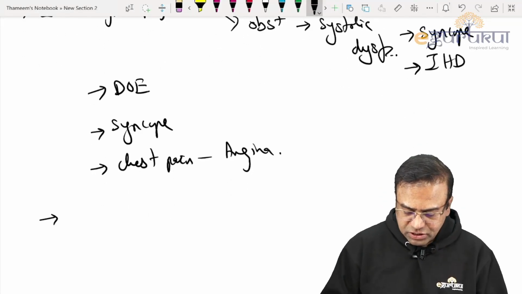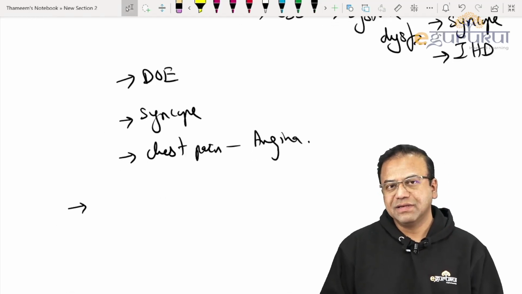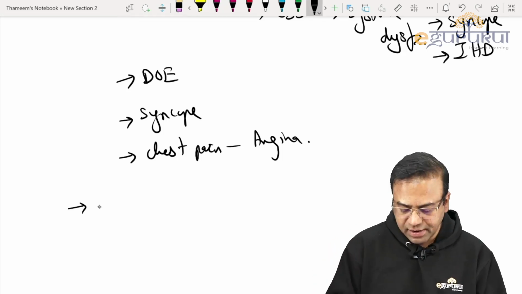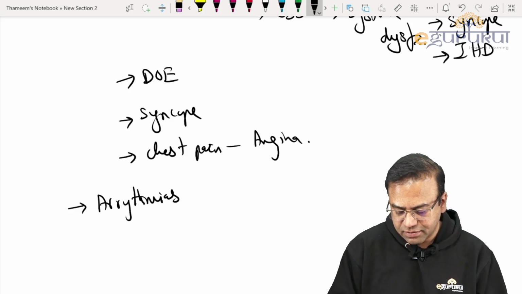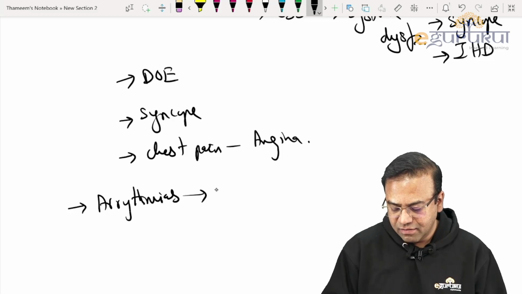You will also see some patients manifesting because of the microinfarcts. These result in pockets of fibrosis around which re-entry tracts can occur, resulting in cardiac arrhythmias. So sometimes the manifestations are because of the cardiac arrhythmias. And these cardiac arrhythmias that occur, they result in a variety of problems, like the patients can come with palpitation.